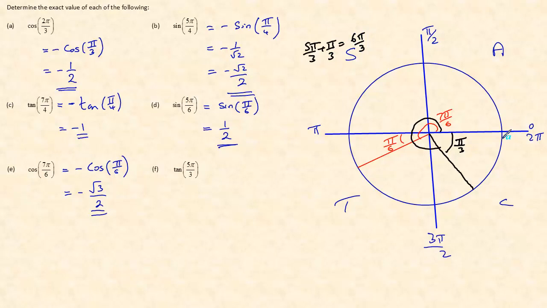Cancel down, and that's 2 pi. So it's pi by 3 before we get all the way round. So this is our associated acute angle. We're in the C quadrant, so it's going to be negative tan of pi by 3, and tan of pi by 3 is root 3.